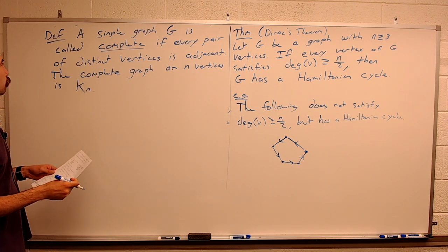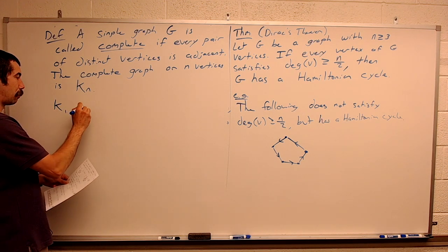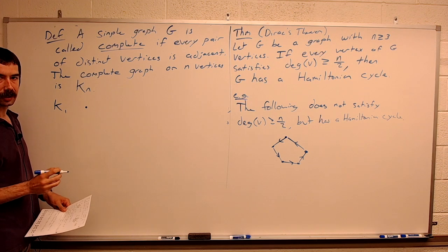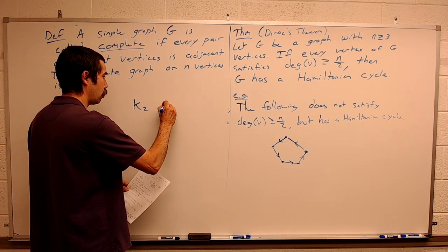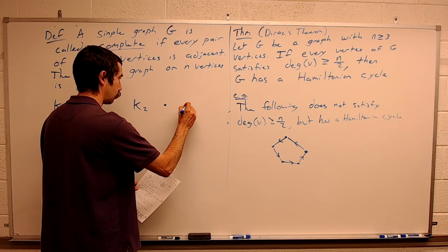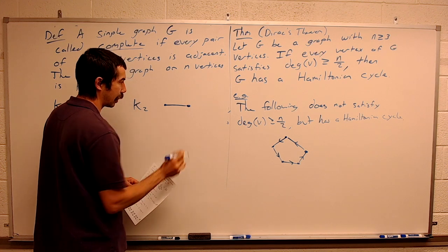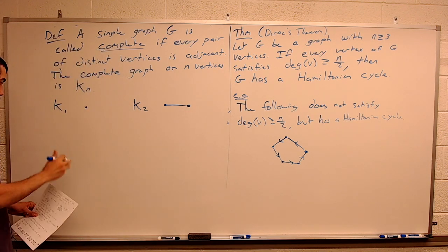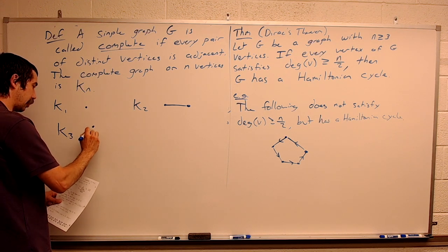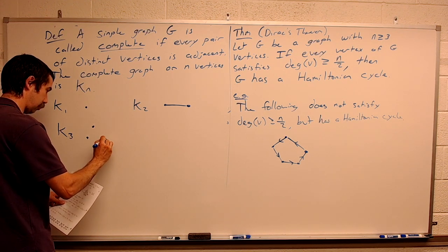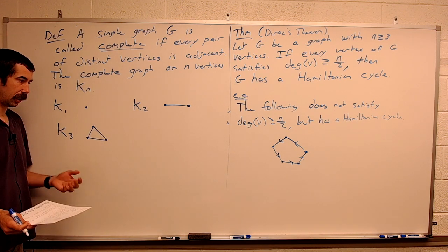Okay, so what do these complete graphs look like? Well, K1, that's pretty boring. It's just an isolated point. K2 has two vertices, and of course they are connected. K3 has three vertices. Every pair of vertices is adjacent.